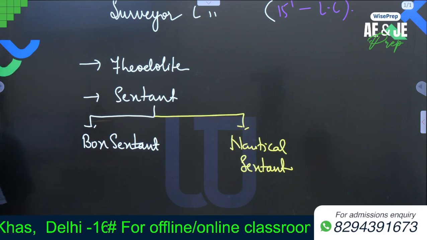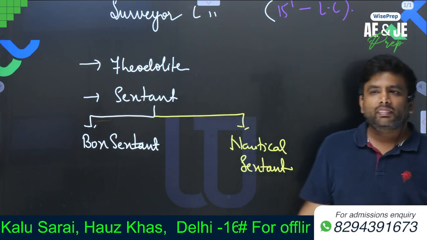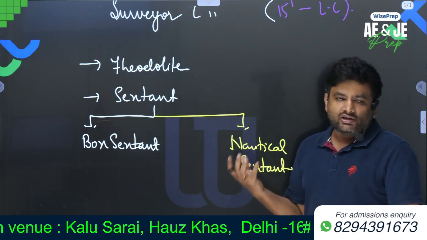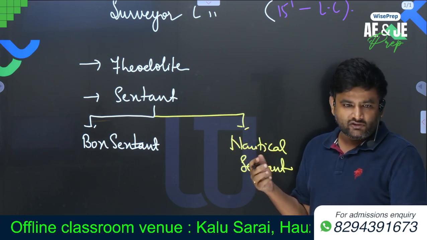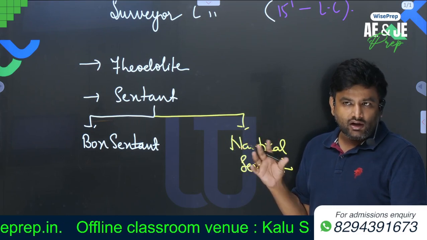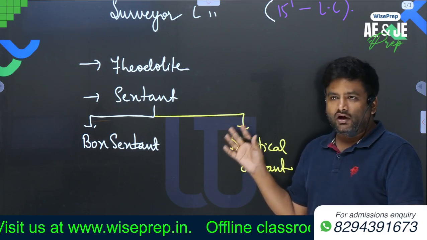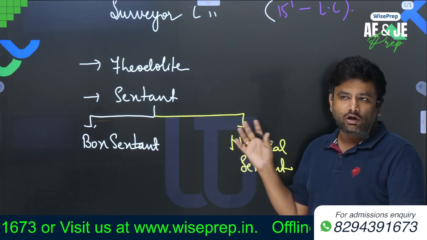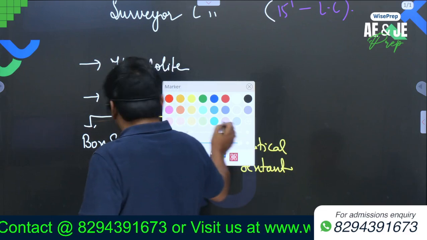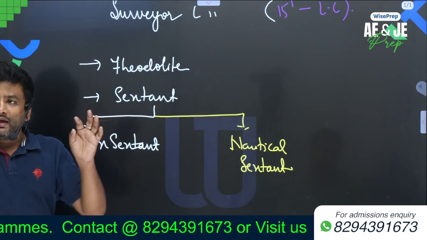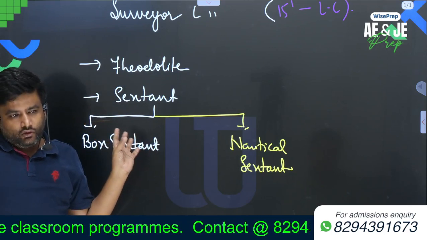Basically a sextant is an instrument with a graduated arc of 60 degrees. Sextant is used for measuring the angular distance between two objects.